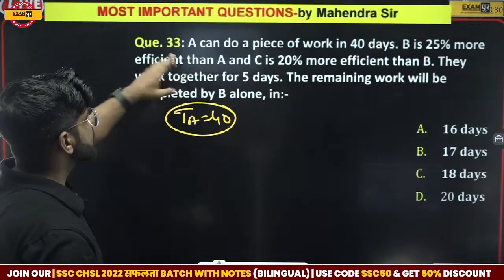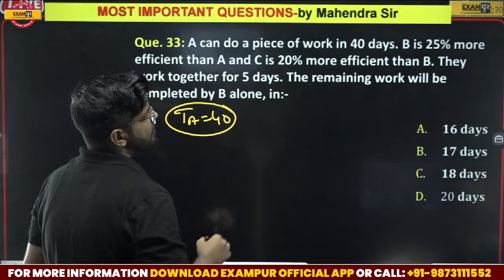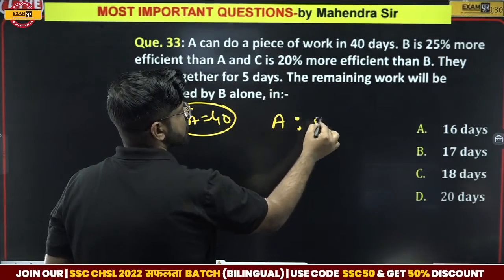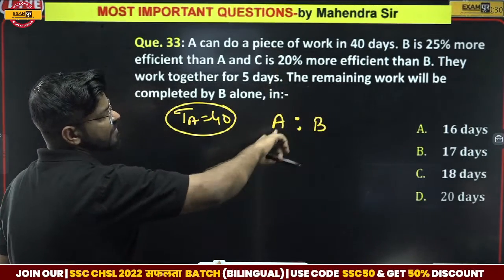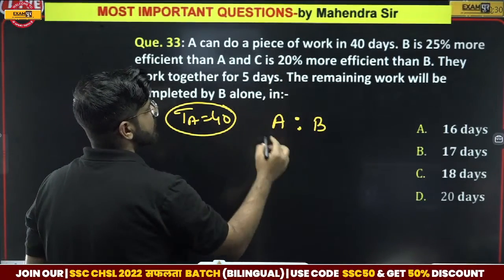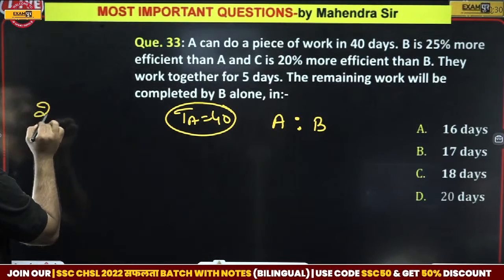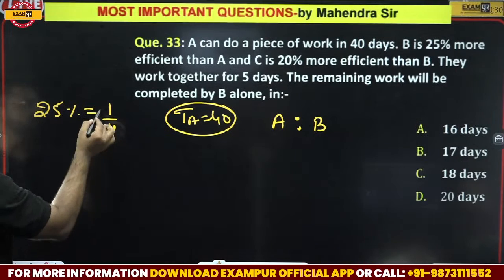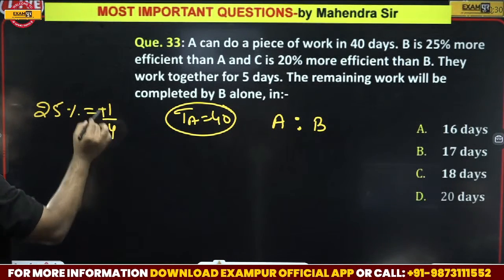B is 25% more efficient than A. What is 25% more? Let me write it for you. This is 1 by 4, and it is more, so 4 plus 1.